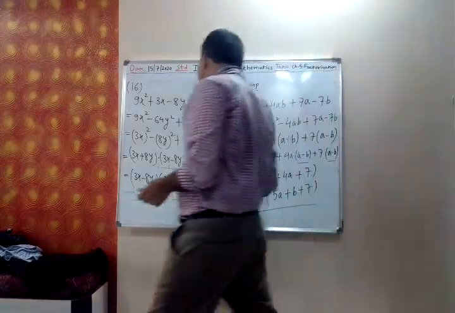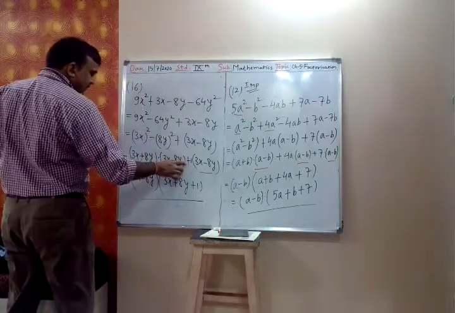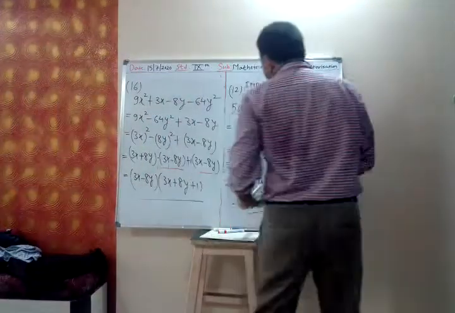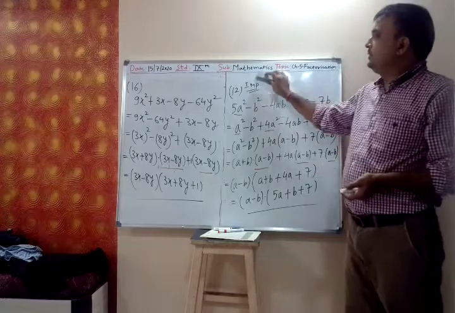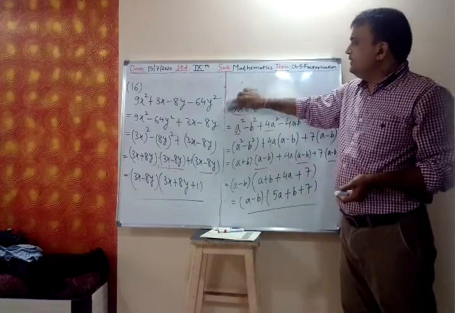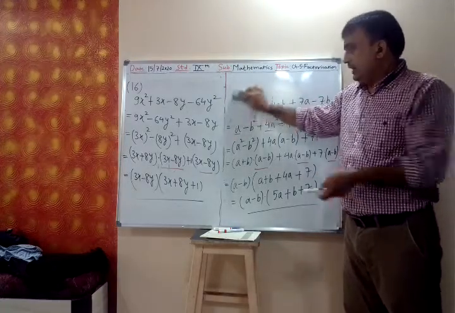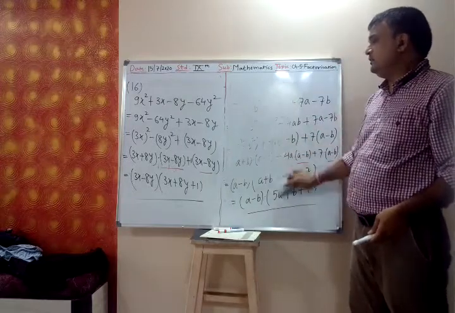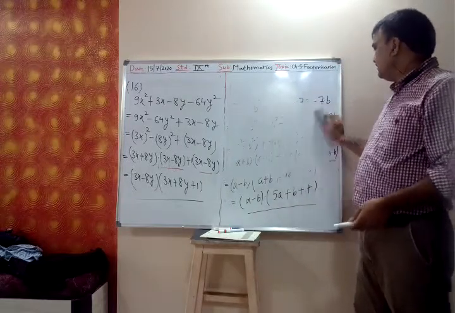If there is multiplication again, then there will not be a common factor. Multiplication we take whenever there are two terms or three terms. Now this is the final answer: 3x minus 8y into 3x plus 8y plus 1.